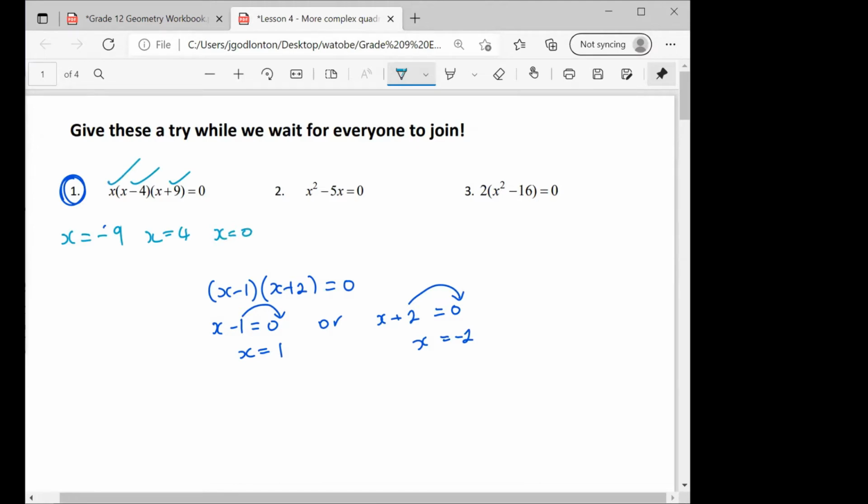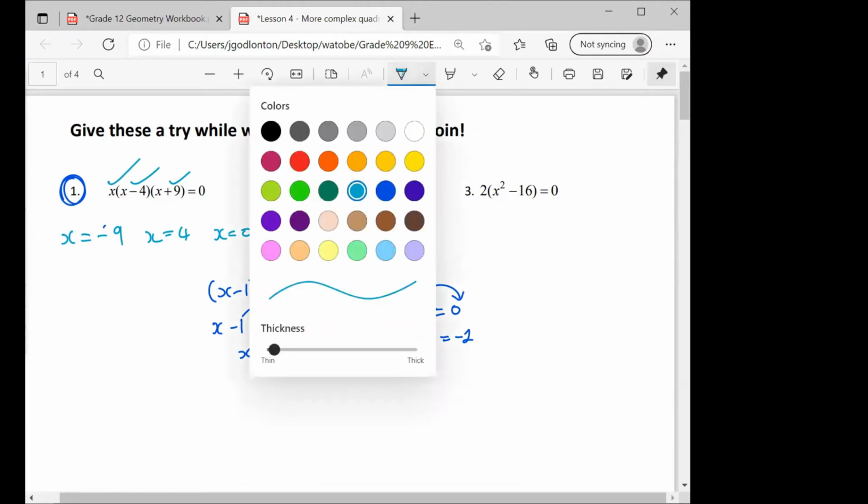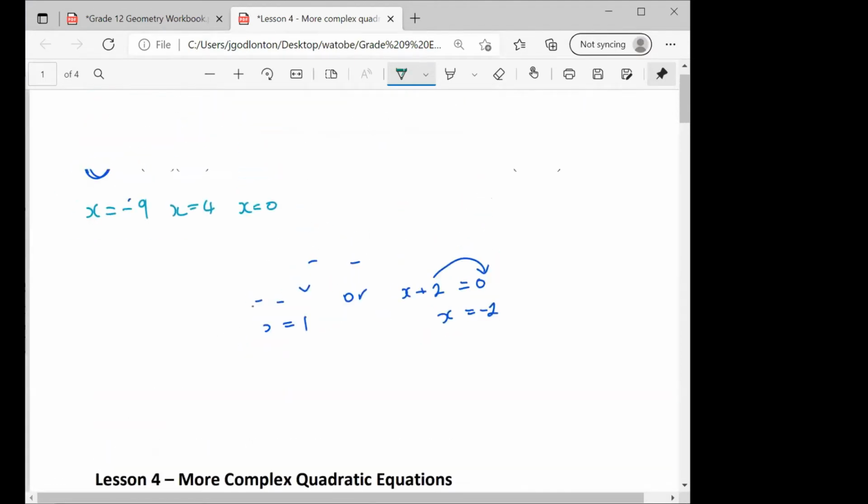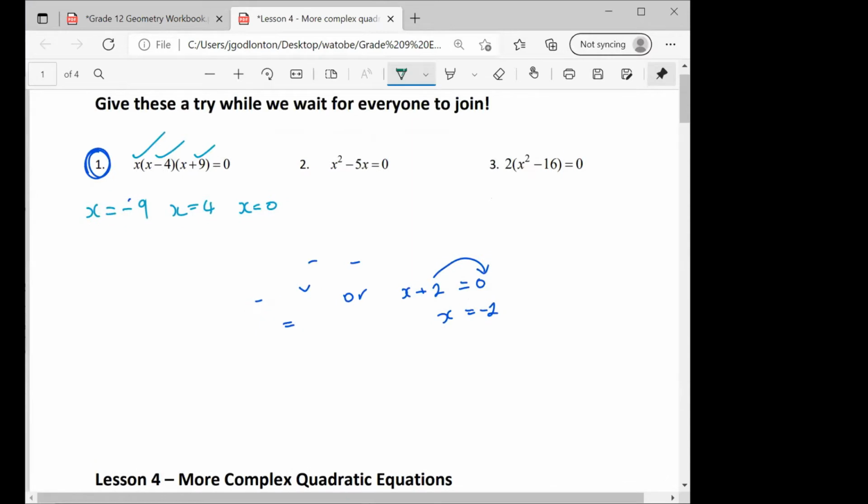Awesome. In question 2, we first have to factorize before we can do anything else. So we are going to take out a highest common factor, and then we are going to say what x is going to be equal to. What is going to be our highest common factor with x squared and 5x?